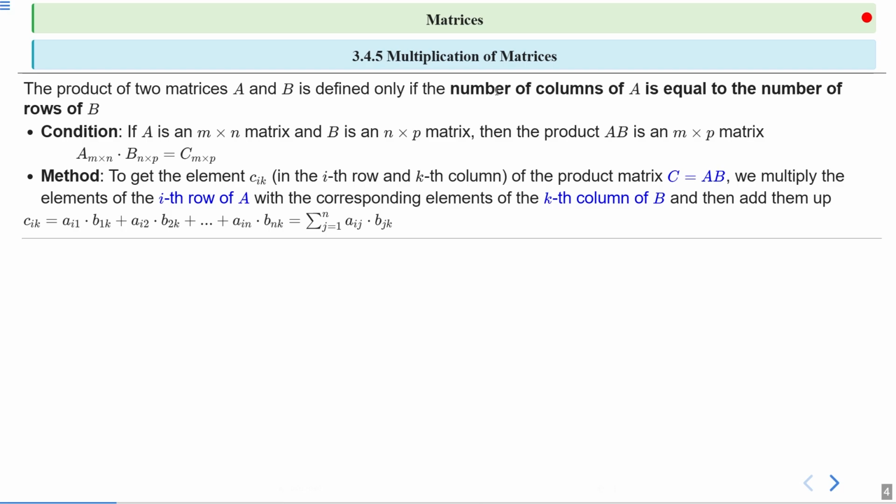So Cik is equal to Ai1 into B1k plus Ai2 into B2k, till Ain into Bnk, which is equal to the summation of j equal to 1 to n of Aij into Bjk.